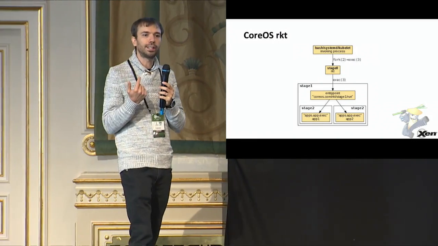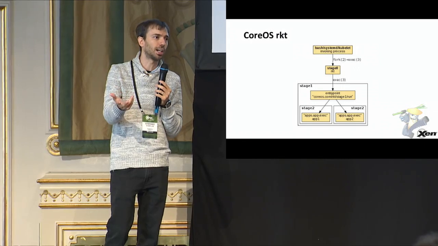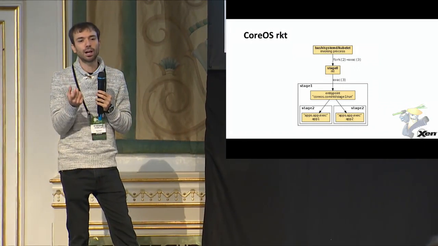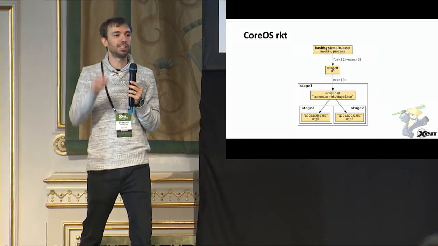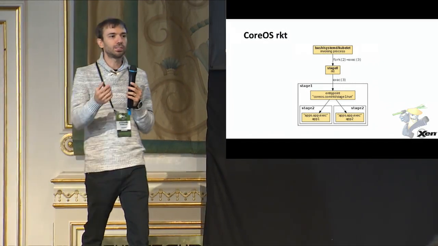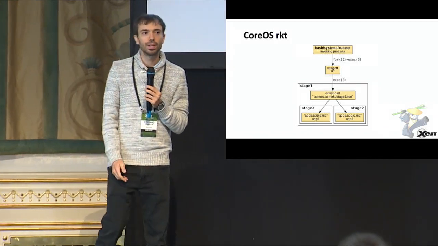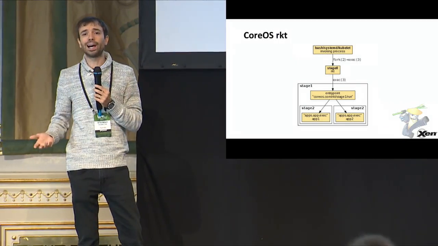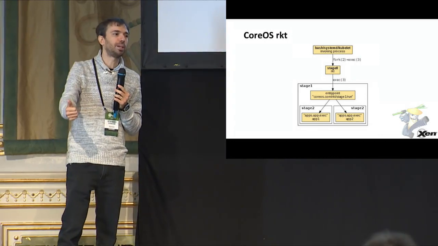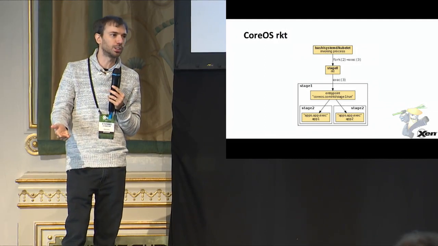So basically what Rocket does is unpack stage 1, which itself is basically just a tarball, and call a known application called run within this tarball. And this run application is in charge of creating the execution environment, and it can do it in any way it likes. It could use Linux namespaces, only some Linux namespaces, or all of them.